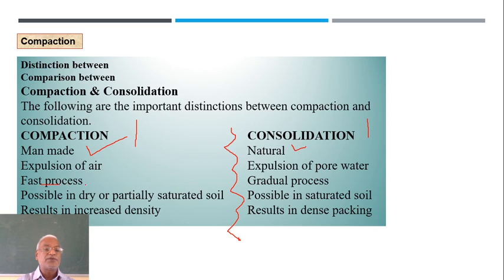Compaction is a fast process, while consolidation is a very long process. Compaction may take hours or days, whereas consolidation takes months or years. The compaction process is possible in dry or partially saturated soil. The consolidation process is possible only in saturated soils. That is to be noted here. So compaction results in increased density, in dense packing of soil.